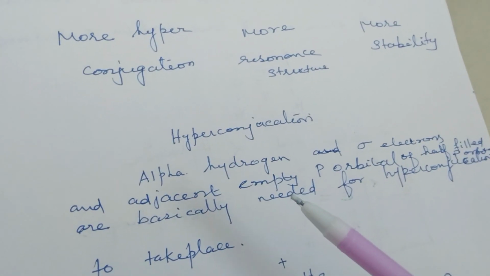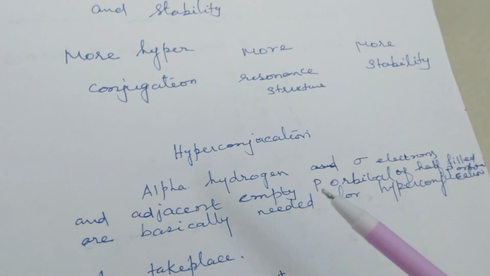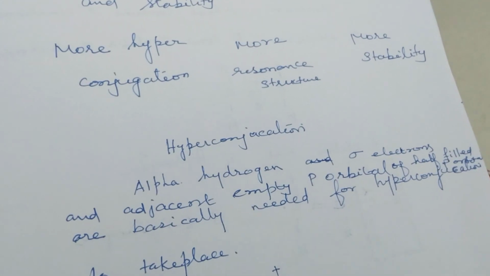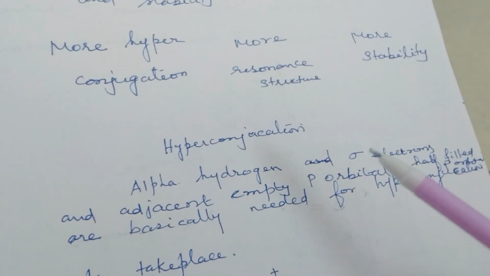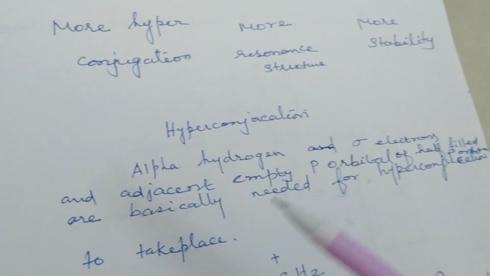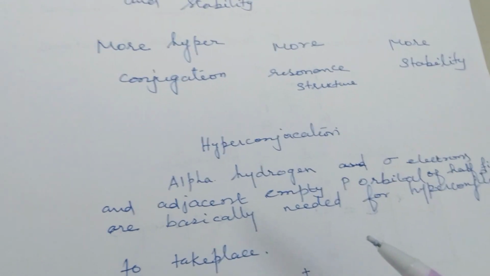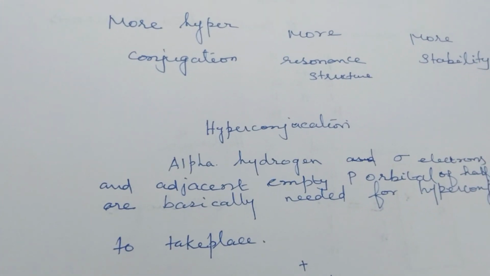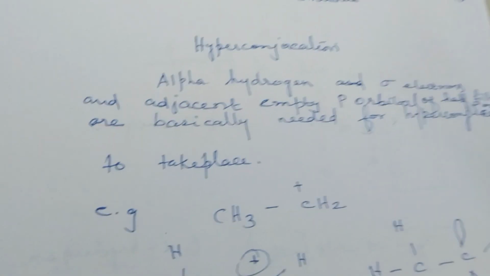Another one we need is an adjacent empty p orbital. So what are the three things needed? Alpha hydrogen, sigma electrons, and an adjacent empty p orbital.